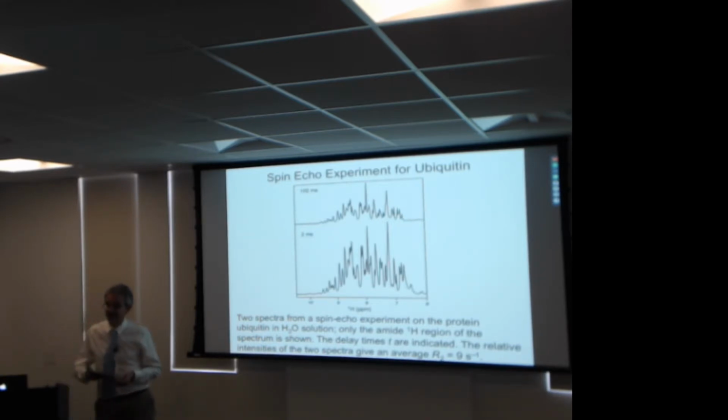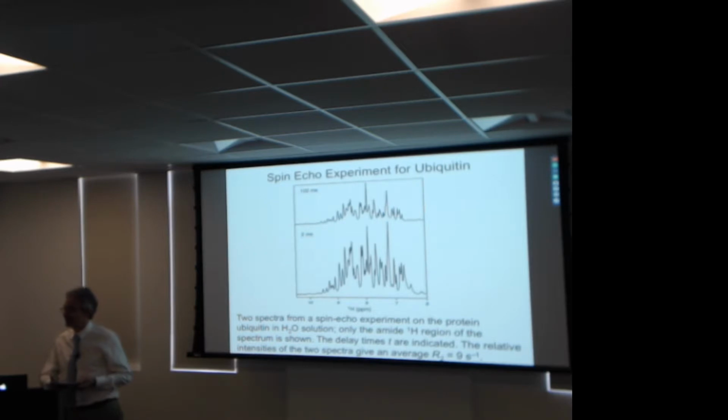And in solution NMR, that's one of the first things one wants to know something about, because if that rate constant is too large, many of the experiments that we would like to do are not going to work, because many solution experiments for biomacromolecules start with amide proton magnetization and then start migrating that magnetization around and then bring it back to the amide proton for detection.